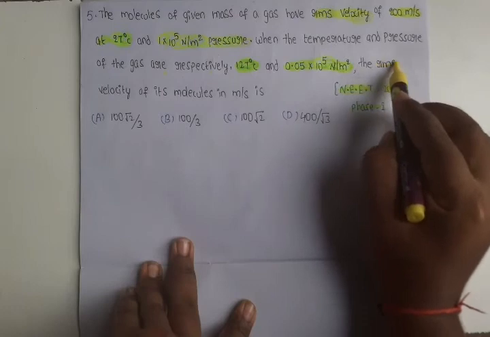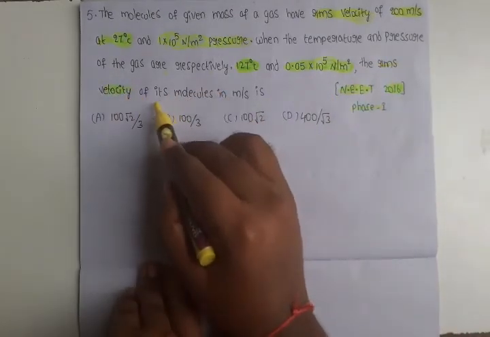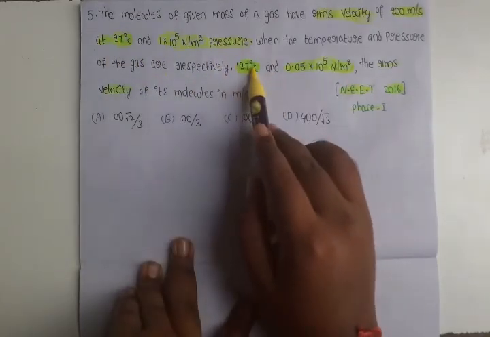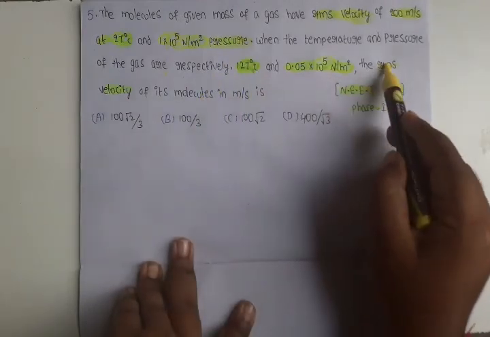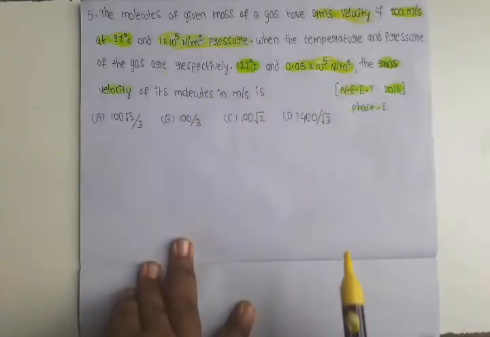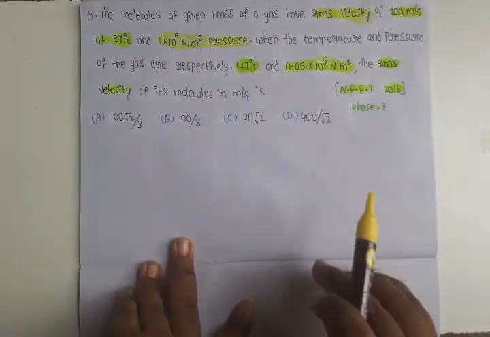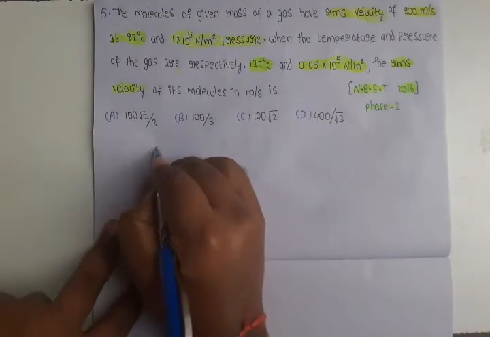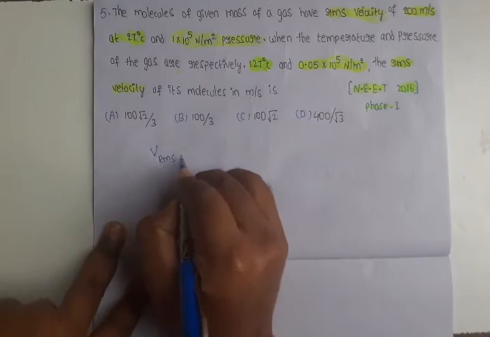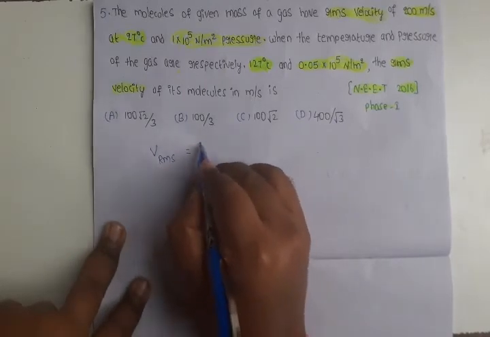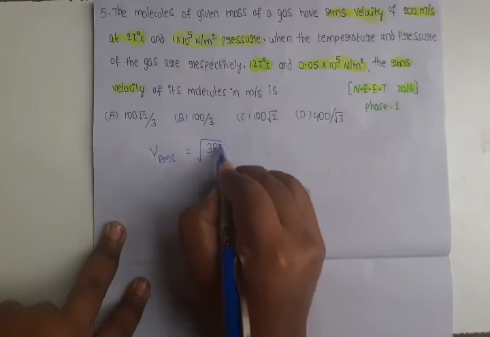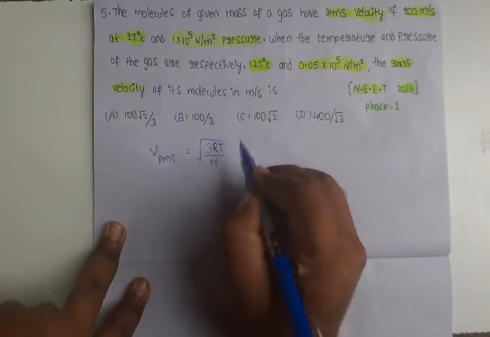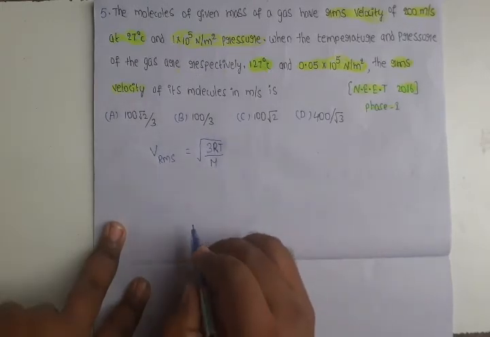Okay, the RMS velocity of its molecules, if your temperature changes from 27 to 127 degrees centigrade, so what is the RMS velocity? We are going to find the RMS velocity value. What is the formula for VRMS? VRMS equal to square root of 3RT by m, where R is the universal gas constant, T is the temperature of the gas, and m is the mass of the gas.